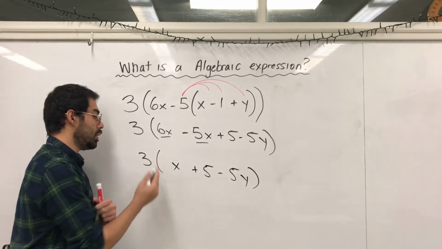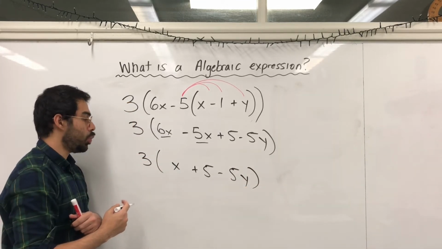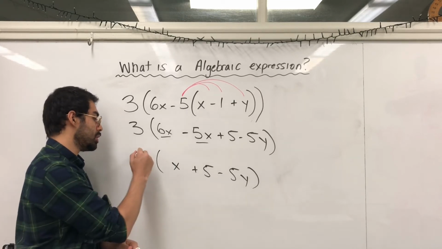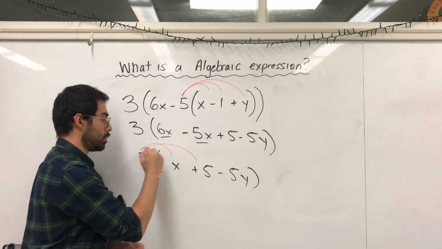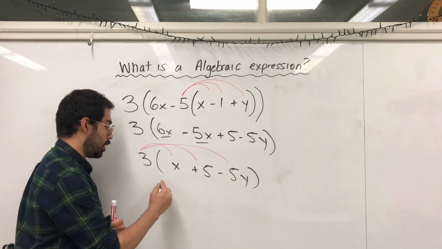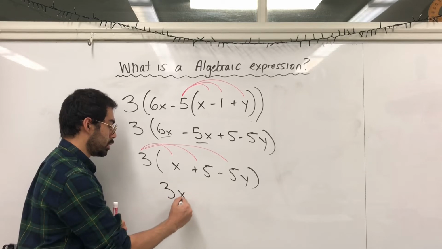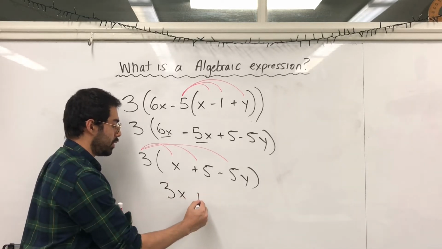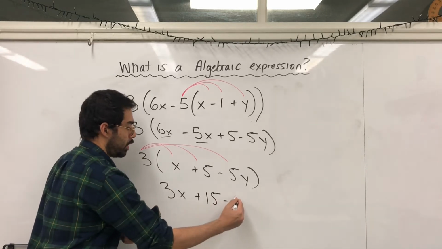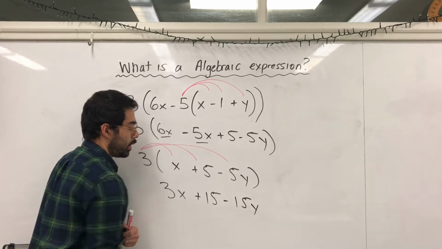We're going to use the distributive property one more time. Again, this is going to all 3 of these terms. And I end up getting 3x, 3 times 5 is 15, 3 times negative 5y is negative 15y.